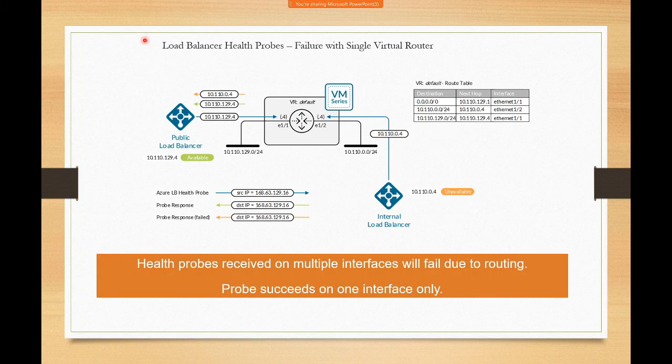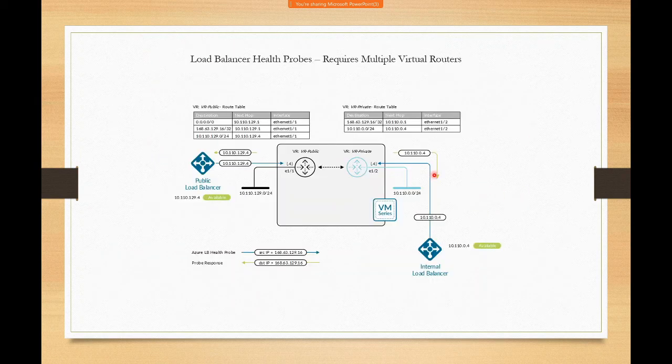So in order to avoid this scenario, we will create two virtual router instances in the Palo Alto firewall.